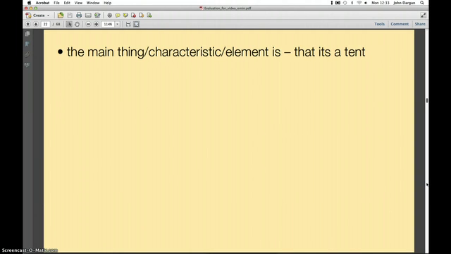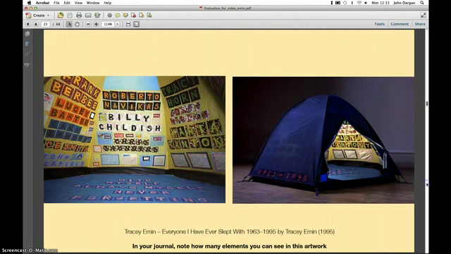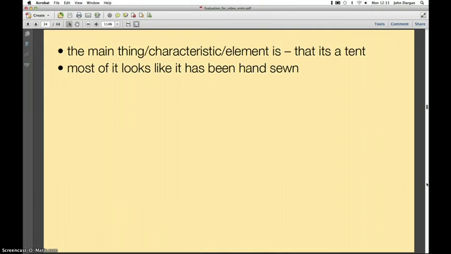Its main characteristic, or the main thing about it, is that it's a tent. So it's really about naming the obvious. When I say most of it looks like it's been hand sewn, most of the stuff that's been put into the tent or onto the tent or inside the tent looks like it's been hand sewn.